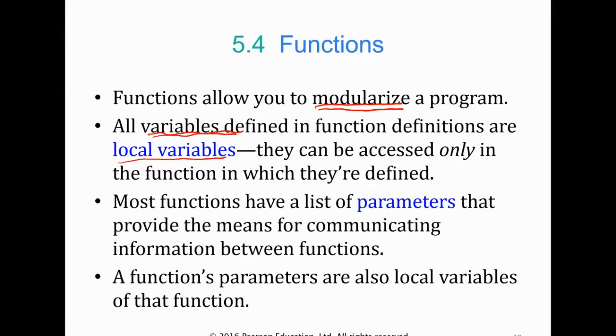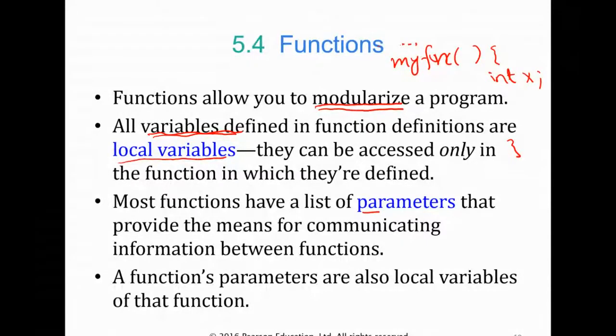So if you have my function and you define its body somewhere here, and inside this you have an integer x, this x will not be visible outside the body or the definition of the method. So that's something that you want to remember.